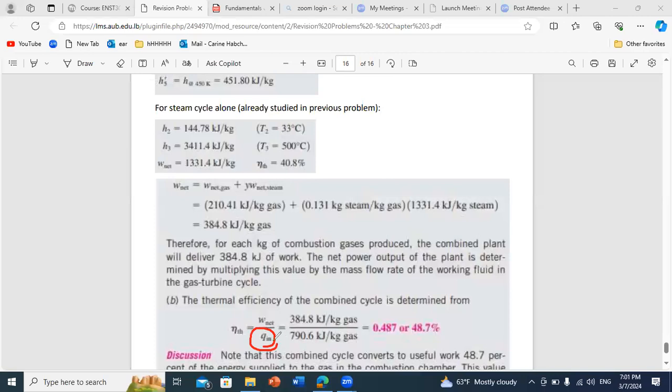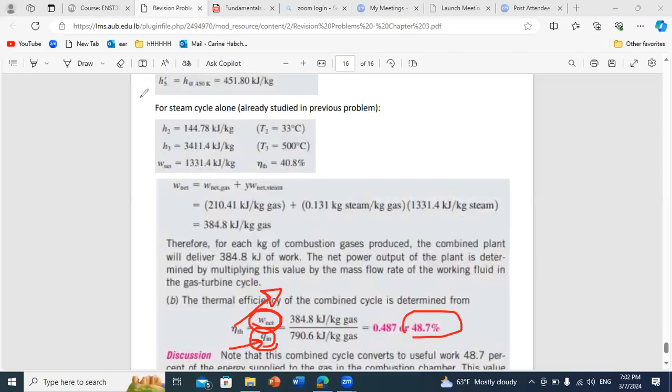That's why we expect that the efficiency will be considerably larger, because we were able to increase W net while keeping Qn of the gas system the same. Okay, so if you evaluate the thermal efficiency, it's 48.7%. So you can see the high improvement.